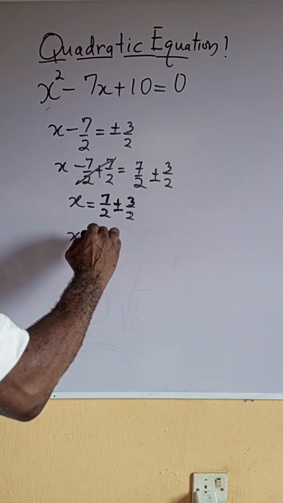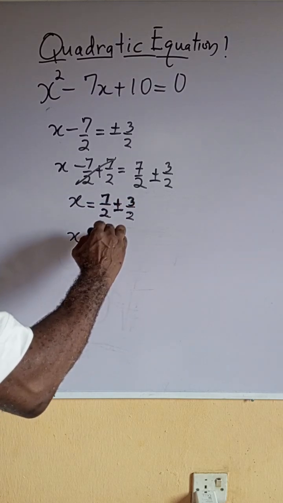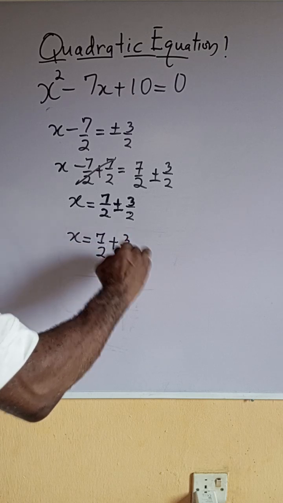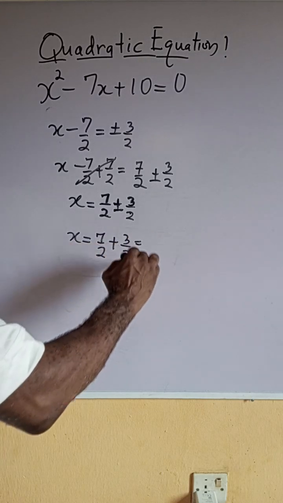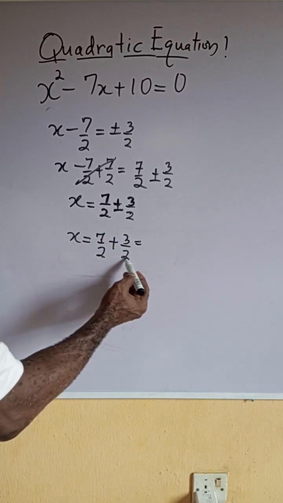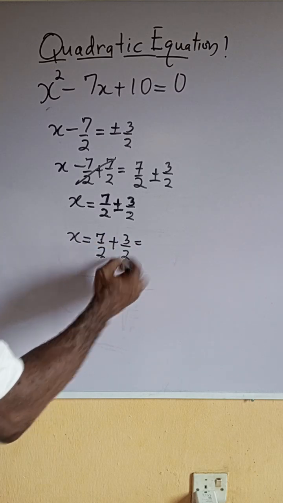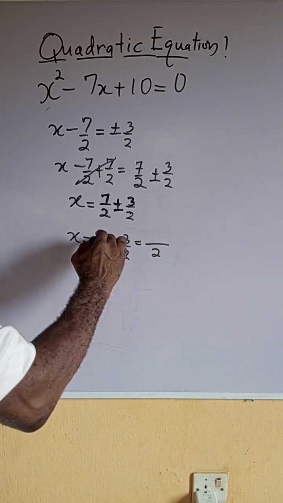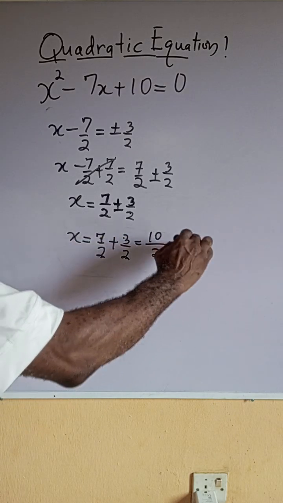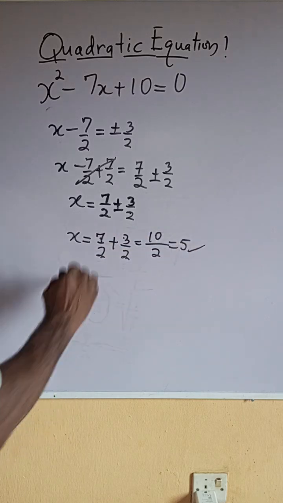So for the first value of x, we have x is equal to 7 over 2 plus 3 over 2, which is equal to 7 plus 3, of course, they have the same denominator, so the LCM is 2. We add the numerators, 7 plus 3 is going to give us 10 over 2, which is equal to 5. All right, this is the first value of x.